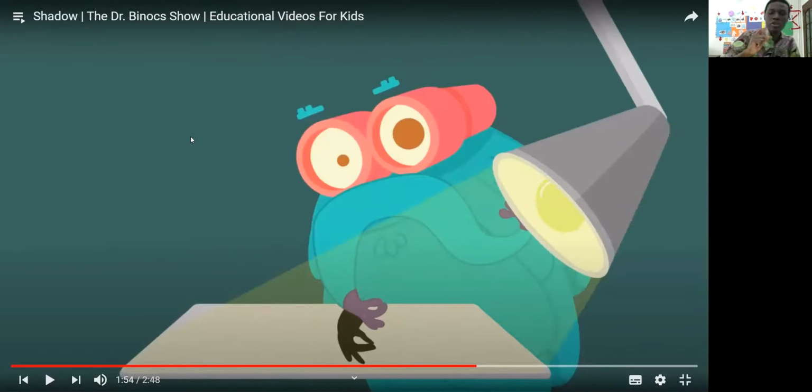So, boys and girls, as you can realize here, when the sun, which is like this lamp here, moves and changes position in the sky, our shadow also changes position and is always opposite to the sun, but the size of our shadow will also change.